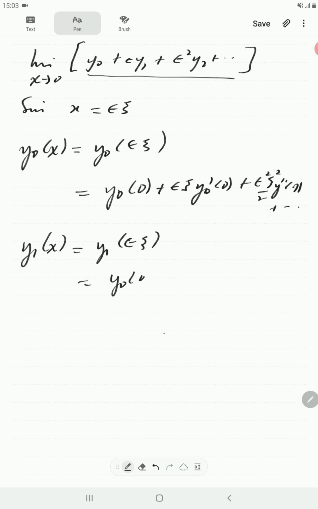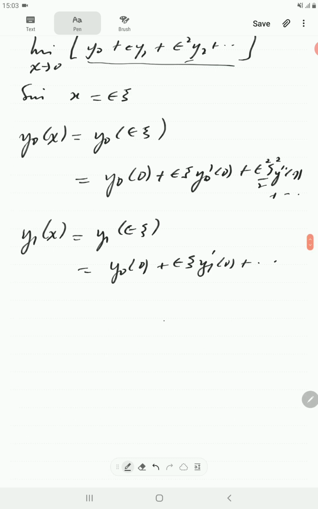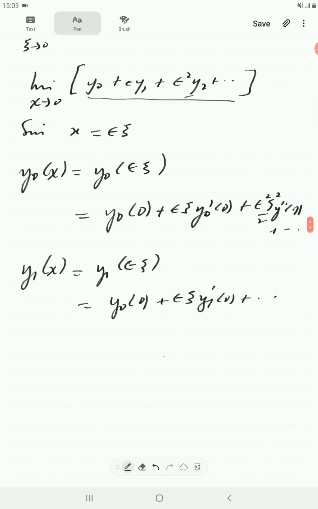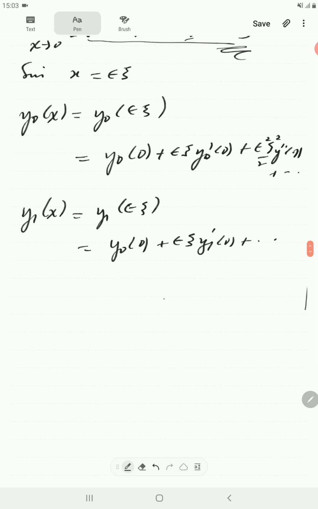It's going to be y1 at 0 plus xi y1 prime, etc. Now remember, this one is multiplied by epsilon, and then same thing for y2. So when all this has been done, this right hand side is going to look as follows.